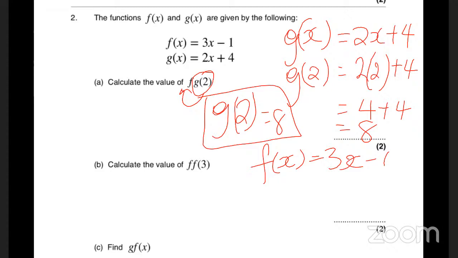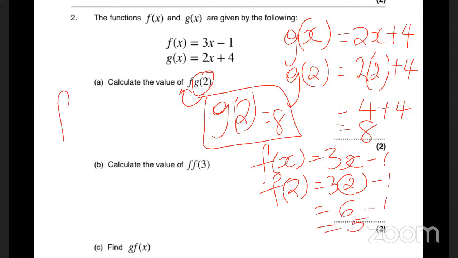And in that, we're going to put what G2 is, and G2 is actually 8. So F2 equals, wherever we see x, we're going to substitute 2. So it's going to be 3 times 2 minus 1, which equals 6 minus 1, which equals 5. Which means that FG2 equals 5.